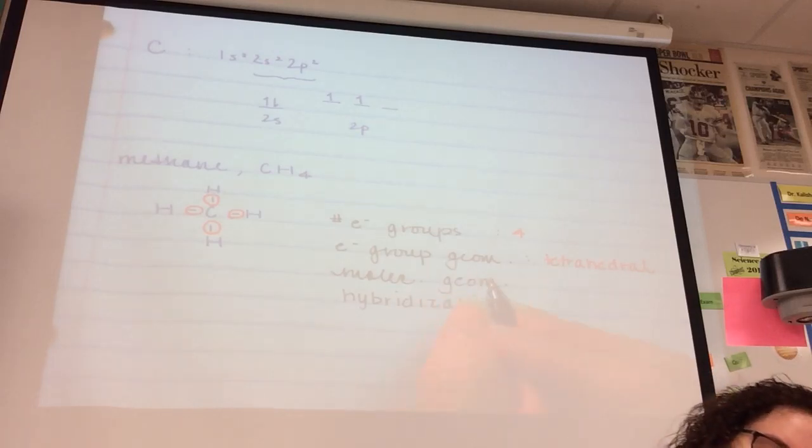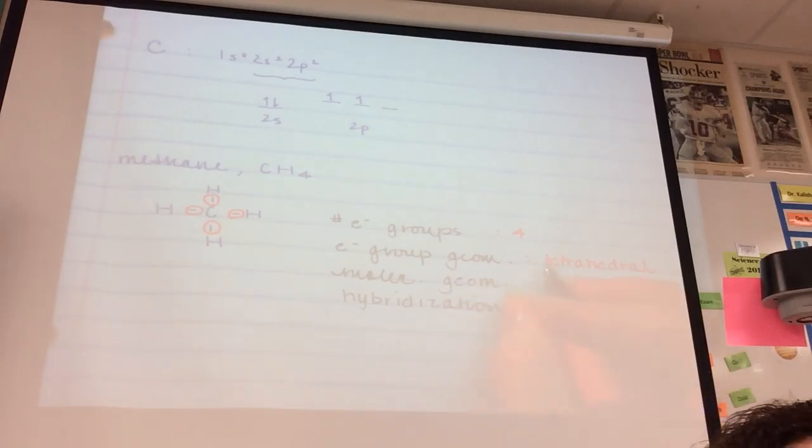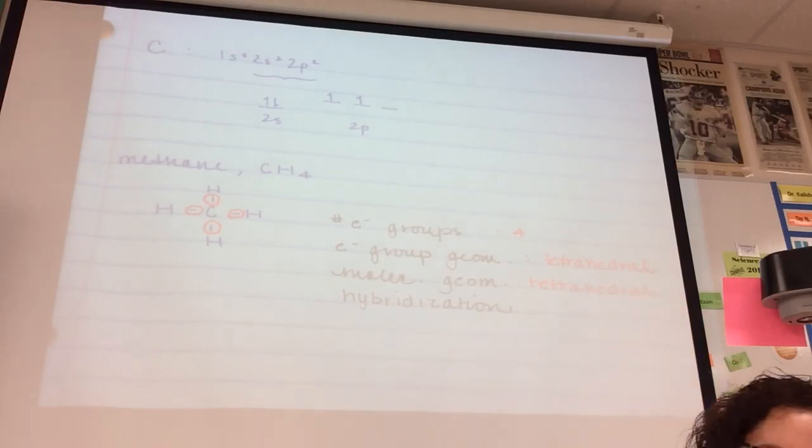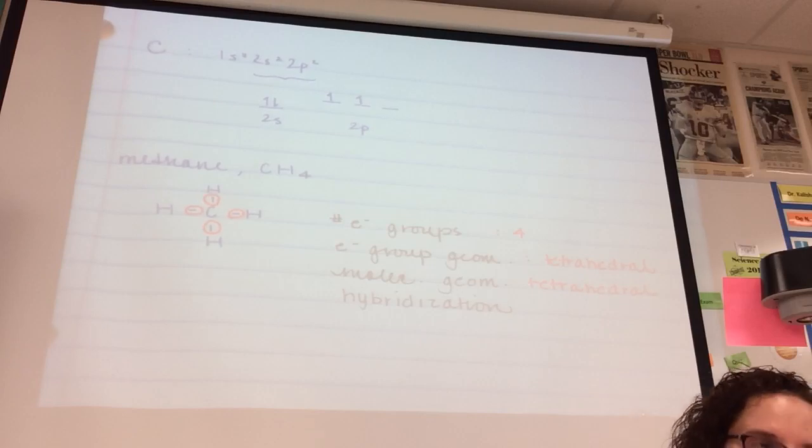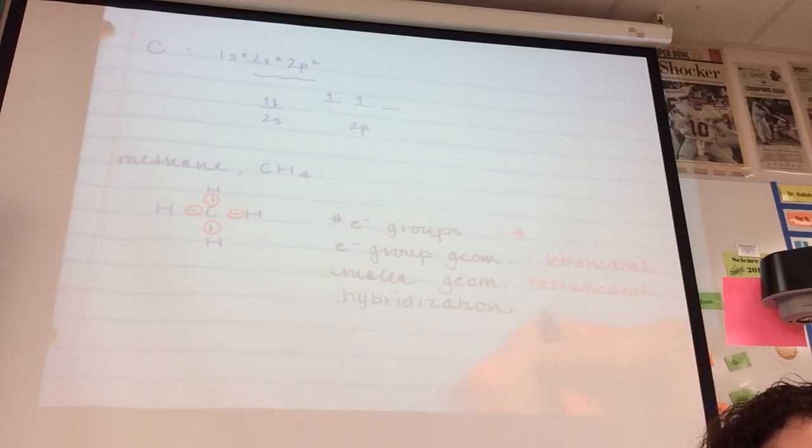Remember, anytime you have no lone pairs on the central atom, the electron group geometry and the molecular geometry will be the same. So we've got tetrahedral molecular geometry. Hybridization: you have 4 electron groups.